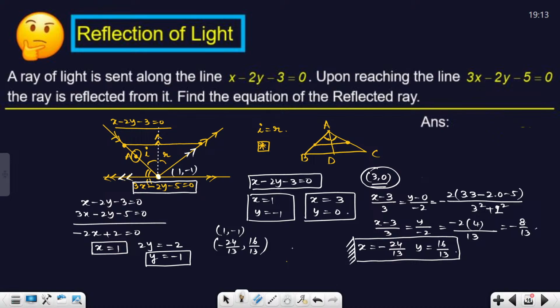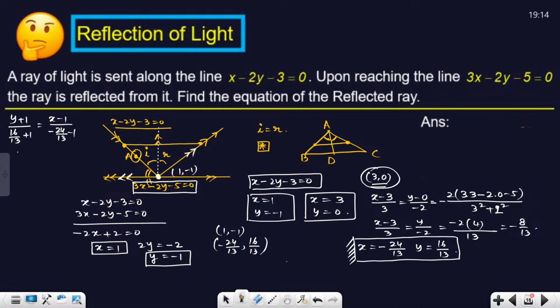Now I will simply use the two-point form to get the equation of the reflected ray. So just check it, I'm doing it here. (y minus y1) over (y2 minus y1) equals (x minus x1) divided by (x2 minus x1).